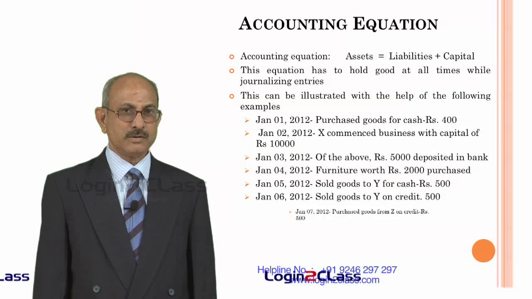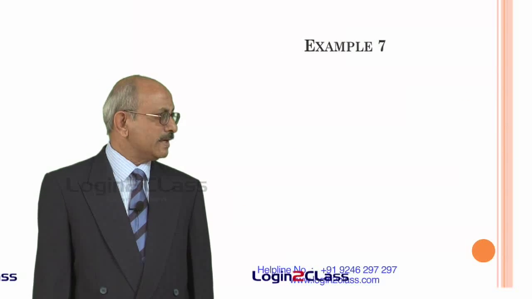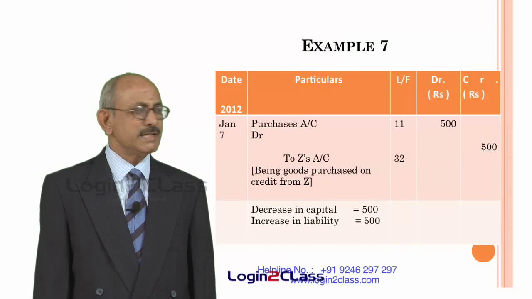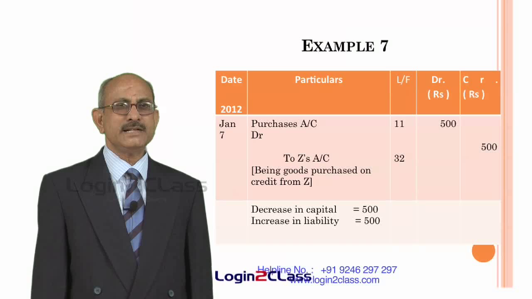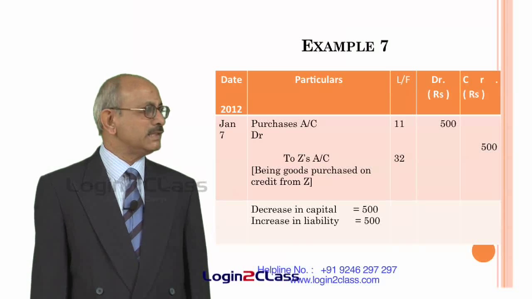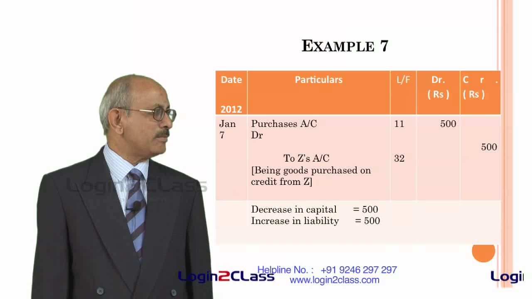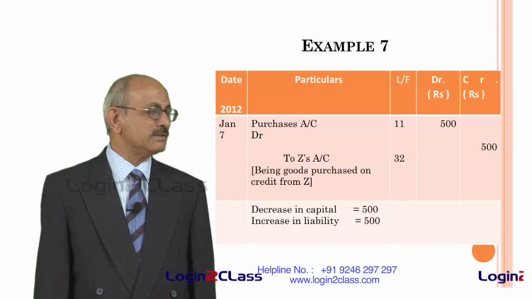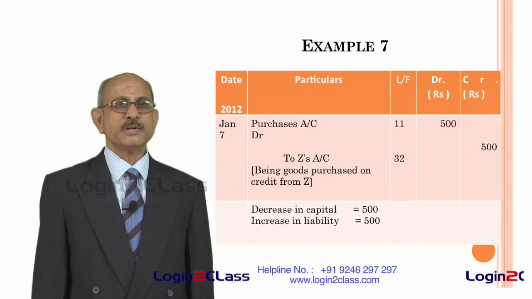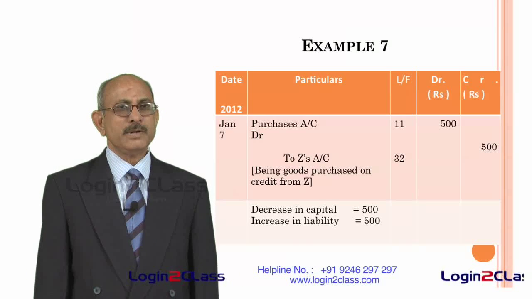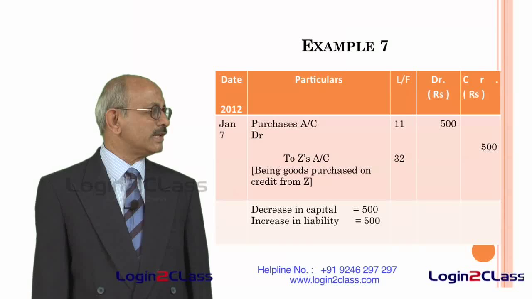Then example number 7, here goods are purchased on credit. So, we have debited the purchases account and credited Jaid's account from whom the purchases have been made on credit. So, what has happened here is a decrease in capital to the extent of 500 rupees. So, why a decrease in capital? Because purchases is an expenditure which will go to reduce the net profit, which will eventually reduce the capital of the entity.